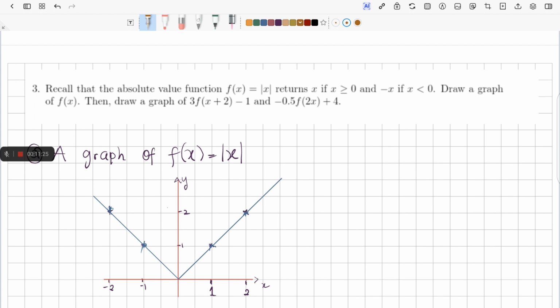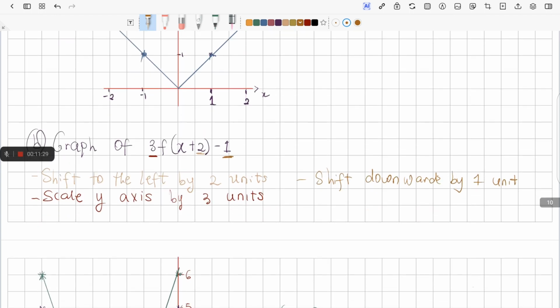Then we are also asked to draw a graph of 3f of x plus 2 minus 1. To do that, we shift. So f of x plus 2, here I use different colors to denote what I'm talking about in each step. What we need to do to transform the graph is first, because we have f of x plus 2, we shift our original graph, the graph of f of x, to the left by 2 units.